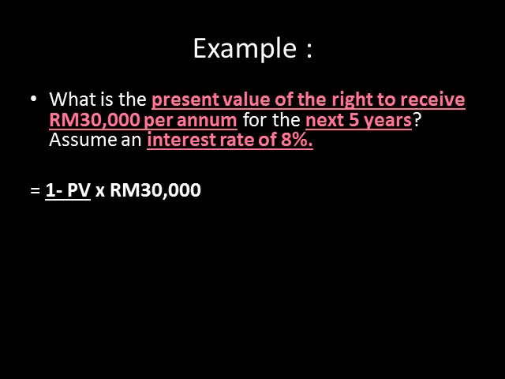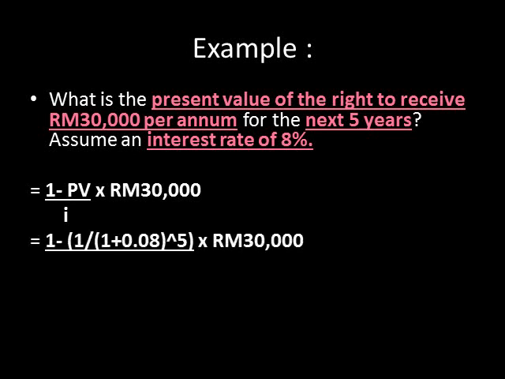So how to calculate? Recap the formula: 1 minus PV over i, times the 30,000 that you will receive. Now we insert the given information. So 1 minus 1 over A, where A here is 1 plus 0.08 to the power of 5.